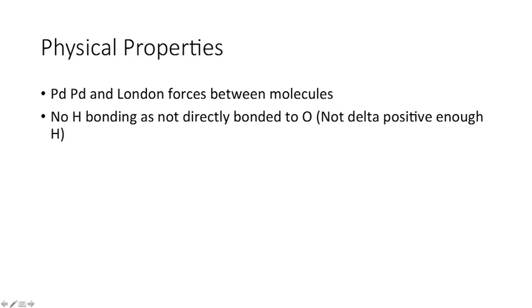So, for example, let's take chloromethane. And then we'll take another molecule, as we're showing the intermolecular forces. So we're going to have this permanent dipole force, which means that we're going to get a delta positive charge here, a delta negative charge here, and that will be the same for this molecule.